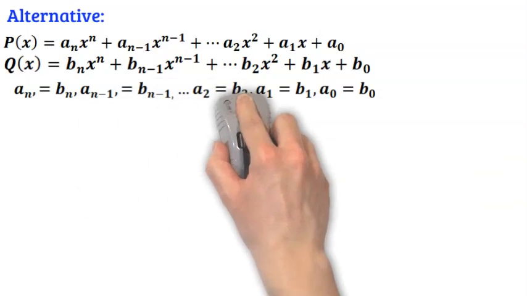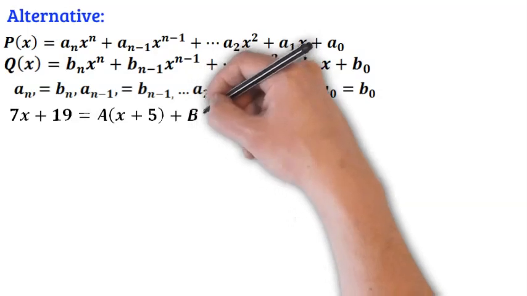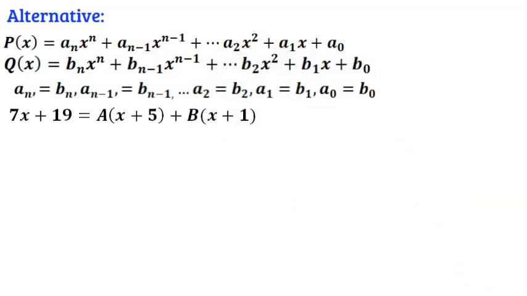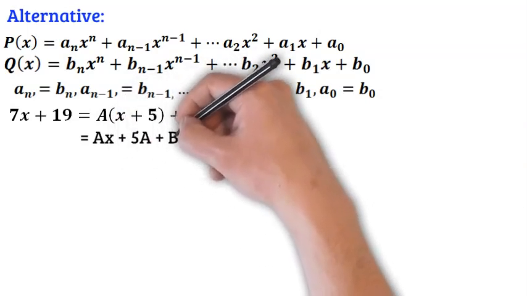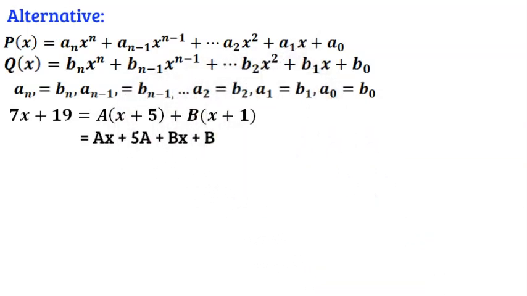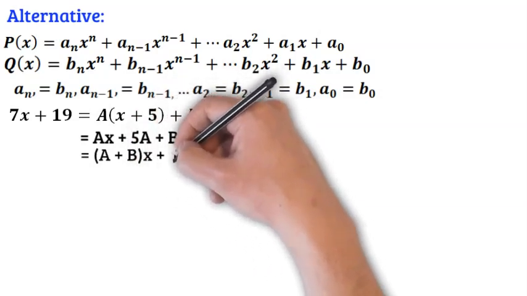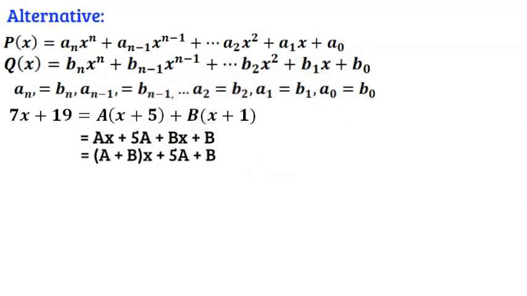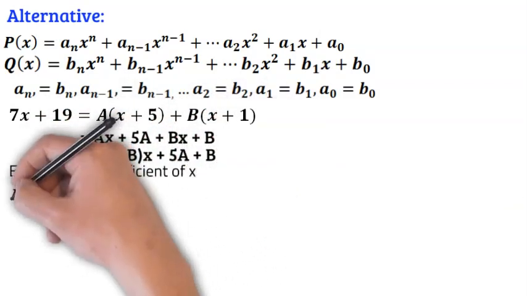Now, therefore, our 7x + 19 is equal to A(x + 5) + B(x + 1). Multiplying that, we have Ax + 5A + Bx + B. Collecting like terms, we have Ax + Bx + 5A + B. Factorizing it, we have (A + B)x + 5A + B. Now, equating the coefficient of x, we have A + B equals 7.